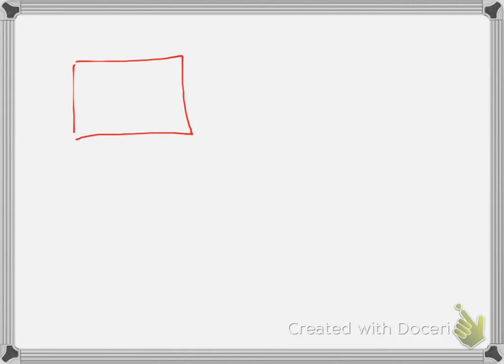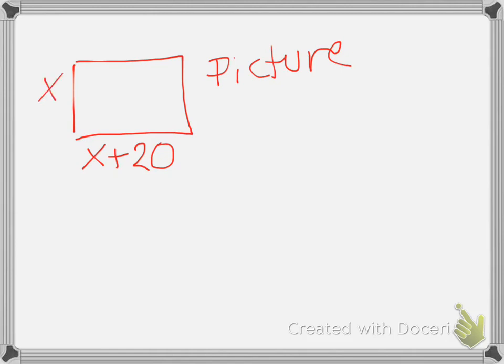If you had a picture, and they have this problem in the book. If you have a picture frame and the length is 20 pixels wider or more than the width, and they tell you that the area is 2400 pixels.